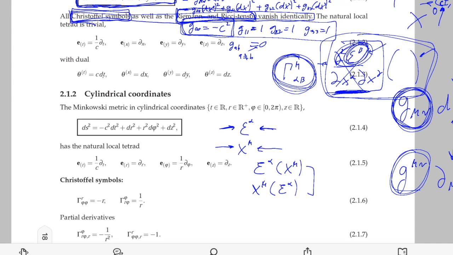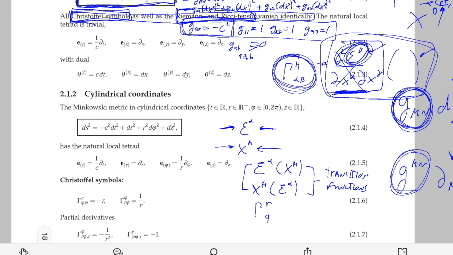These are the transition functions. Once we have those transition functions, we can then calculate the connection coefficients.